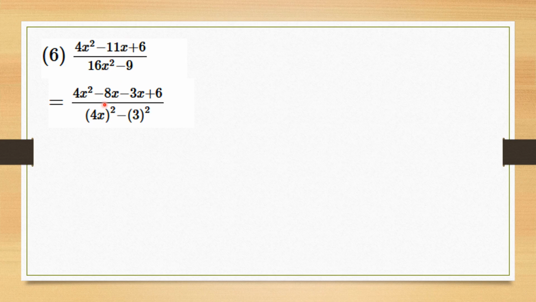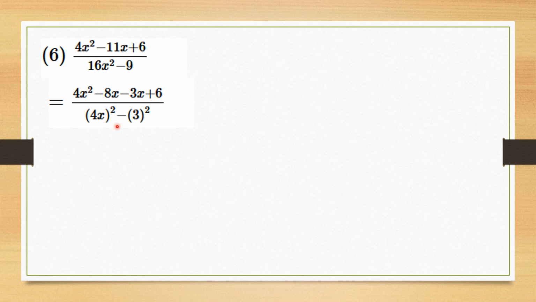If you take minus 8 and minus 3, minus 8 multiplied by minus 3 gives 24, and minus 8 minus 3 gives minus 11, the middle term. So we split the middle term in such a way: 4x squared minus 8x minus 3x plus 6.